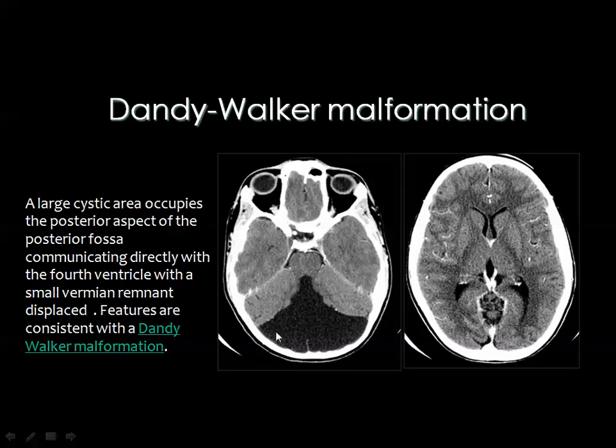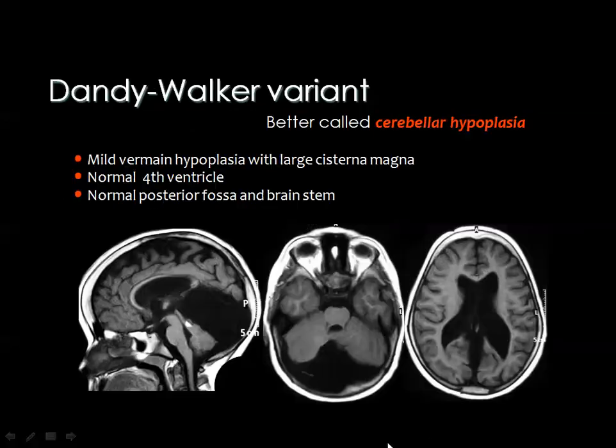And here you see the posterior fossa cyst, which is communicating directly with the fourth ventricle with hypoplastic cerebellar hemispheres, and the supratentorial ventricles are not dilated. And there is a variant of the Dandy-Walker, and sometimes it's called cerebellar hypoplasia, which reflects actually the imaging finding.